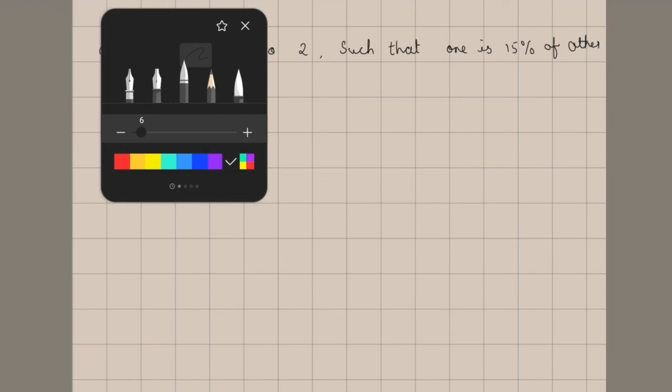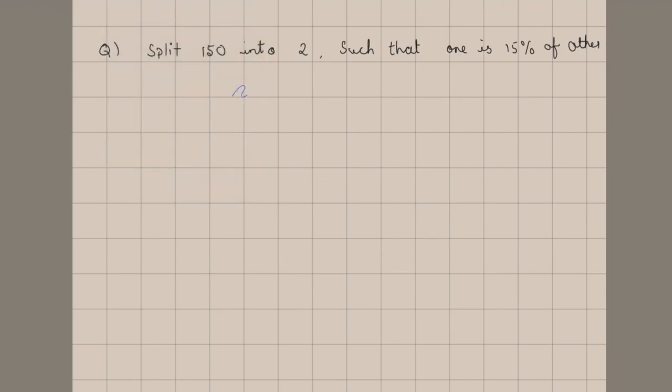So just substitute in that formula, which is 100 by 100 plus x, where x is 15, into 150, which gives 100 by 115 into 150.